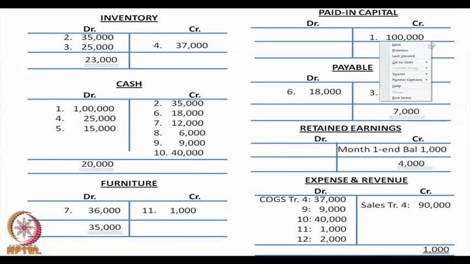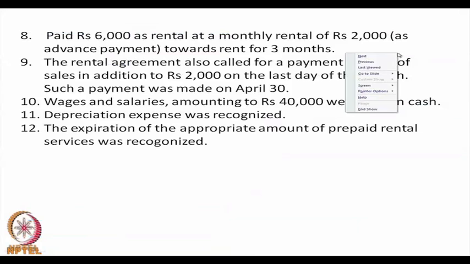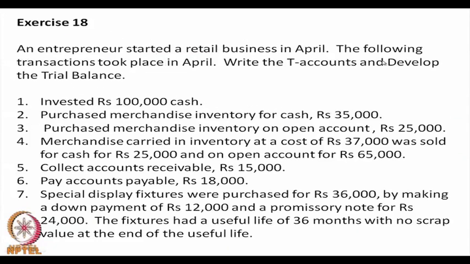Now, let us see the second transaction. The second transaction says that he purchased merchandise inventory for cash at rupees 35,000. So, the two accounts involved are inventory and cash. His cash decreases by an amount of rupees 35,000, but his inventory position increases.